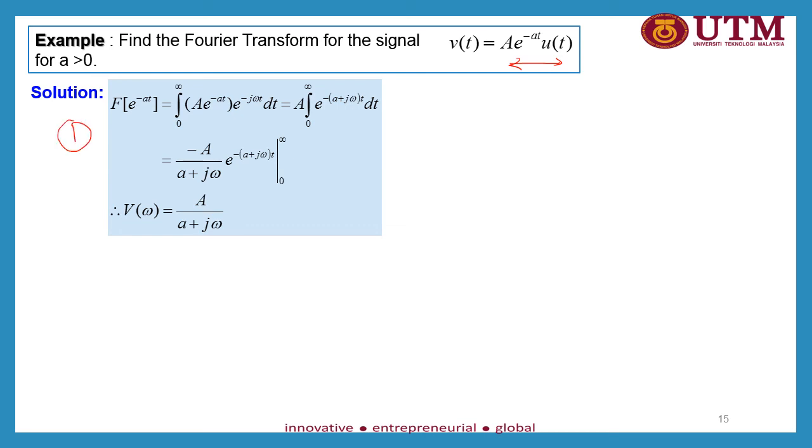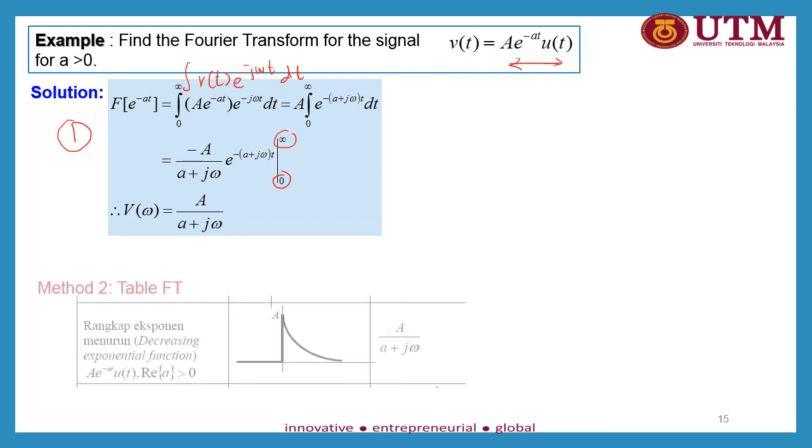Don't forget the basic equation is the integration of v(t) e to the minus j omega t dt. So perform the integration from 0 up to infinity, and you get V(ω) equal to A divided by a plus j omega.